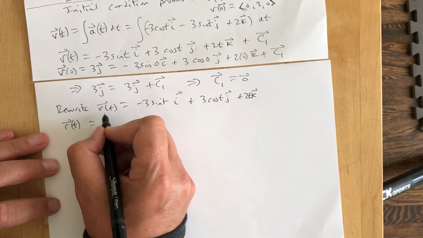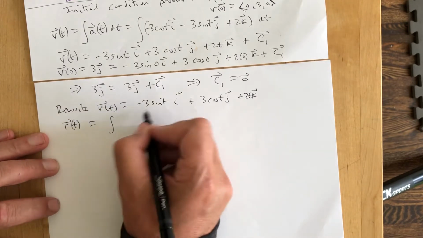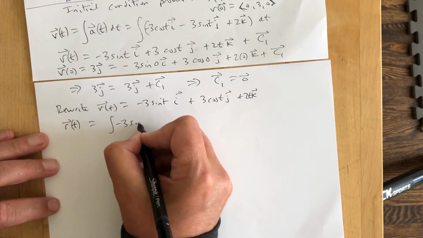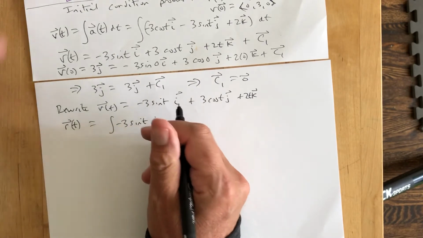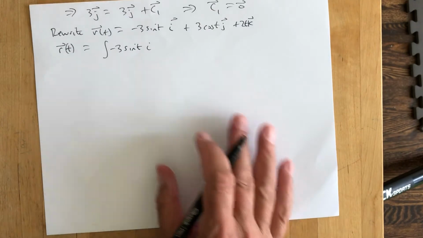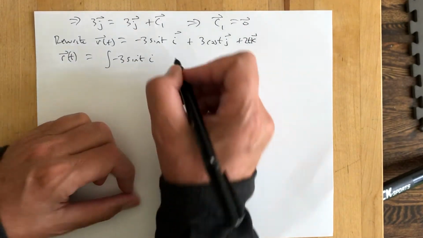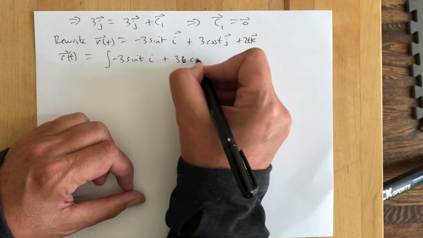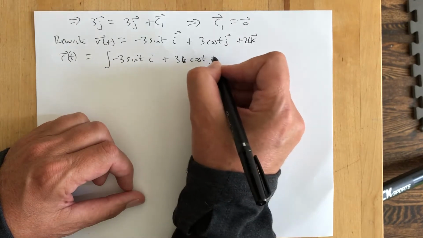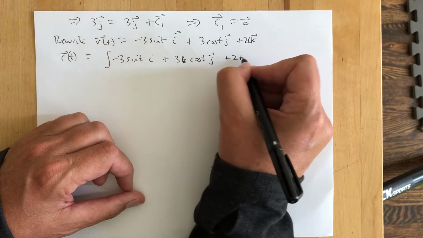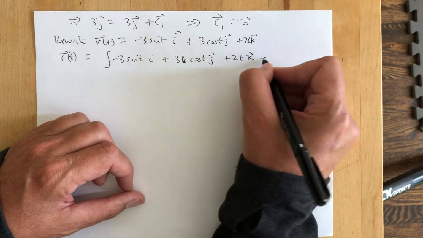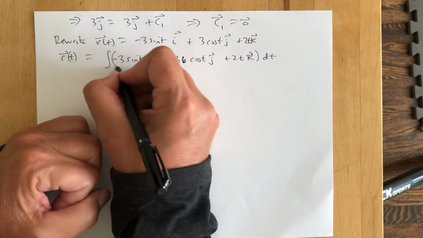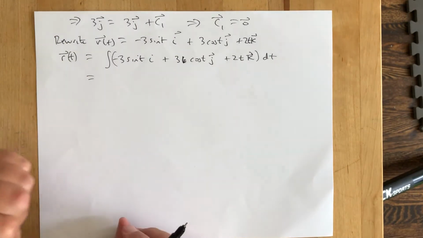So r is the integral of this guy, which is the integral of minus 3 sine ti plus 3 cosine tj plus 2tk dt, right?